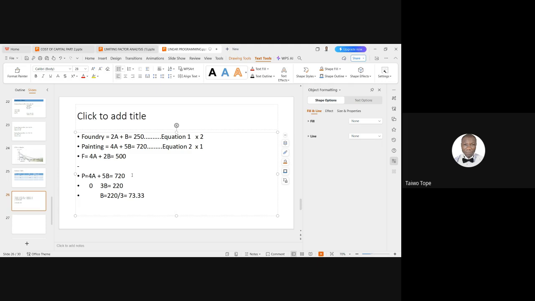For you to get the value of A, what will happen now? We substitute B into any of the equations.